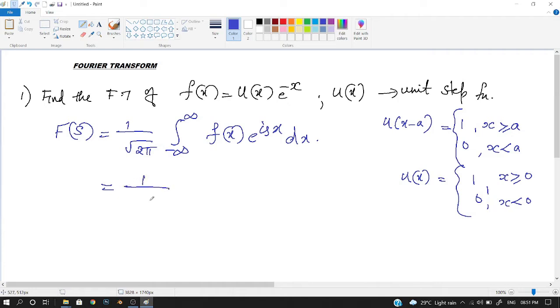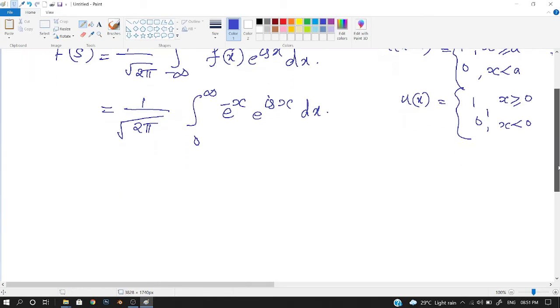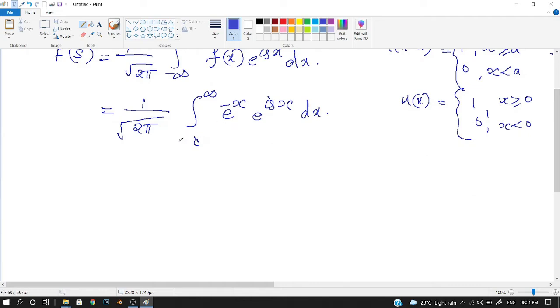So you can write this integral in this form, 1 by root 2 pi integral from 0 to infinity, then f of x, that means u of x into e raised to minus x, that means 1 into e raised to minus x into e raised to isx dx. In the other interval, from minus infinity to 0, the function value is 0.